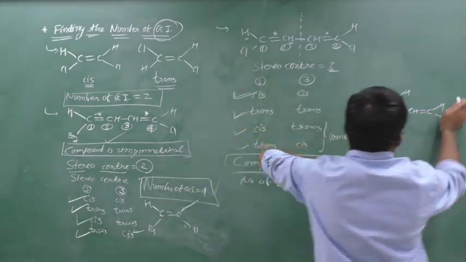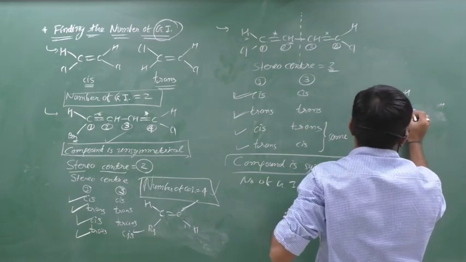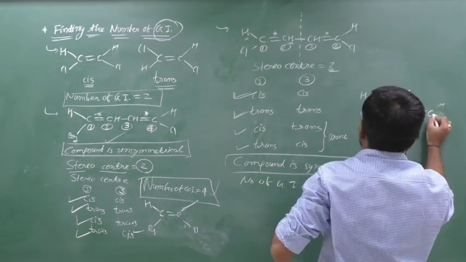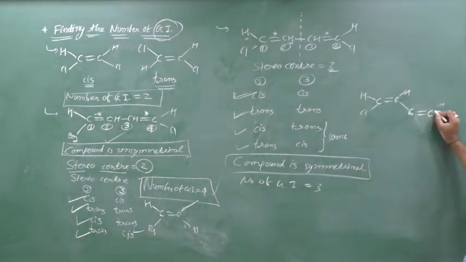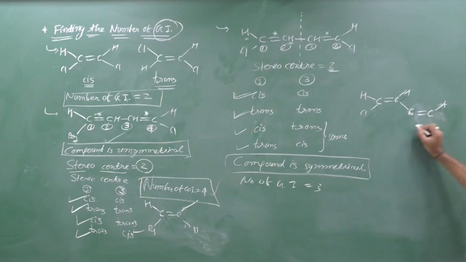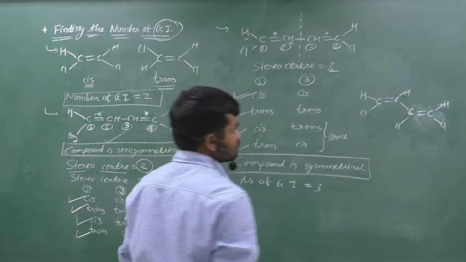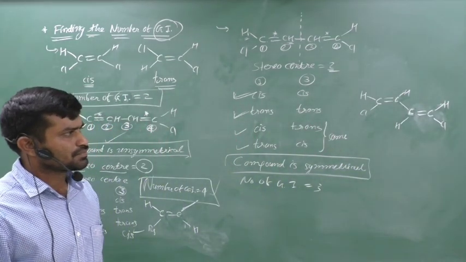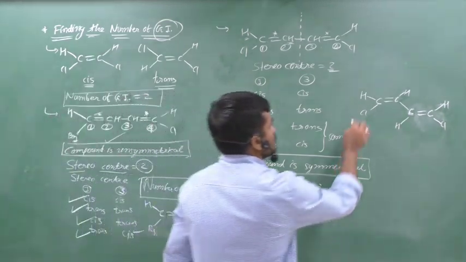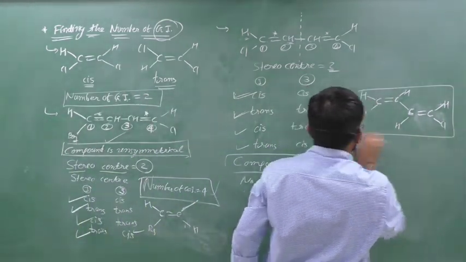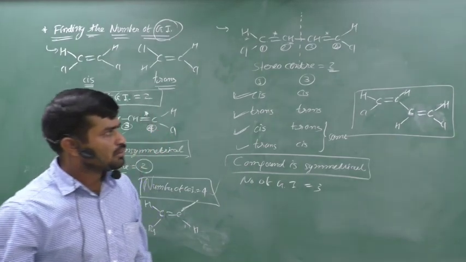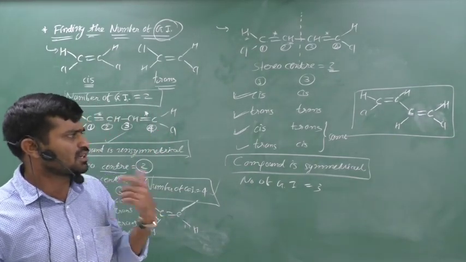It is in a cis form and it is in a trans form, means the structure is like that. Clear? It is the third possibility. First one in a cis form, second one in a trans form.